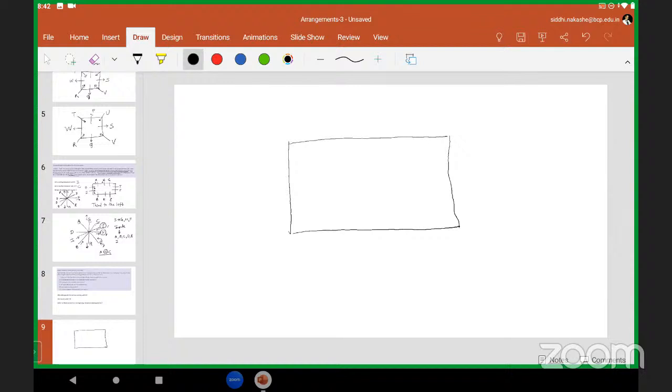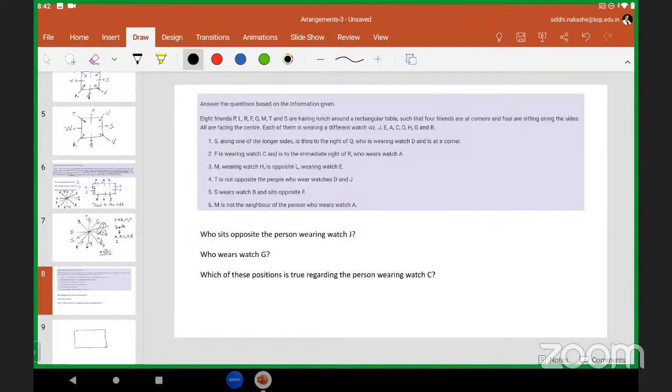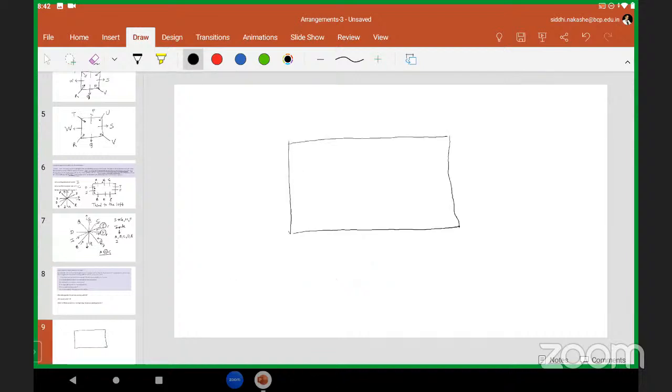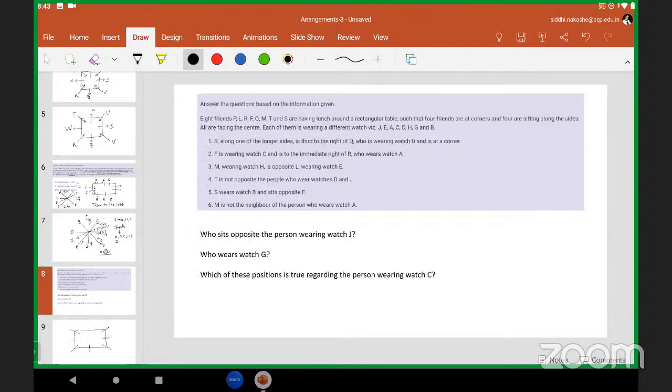Now we'll look at the sitting arrangement, such that four friends are at the corners and four along the sides, which means one, two, three, four, one, two, three, and four. Each of them is wearing a different watch. All are facing the center.